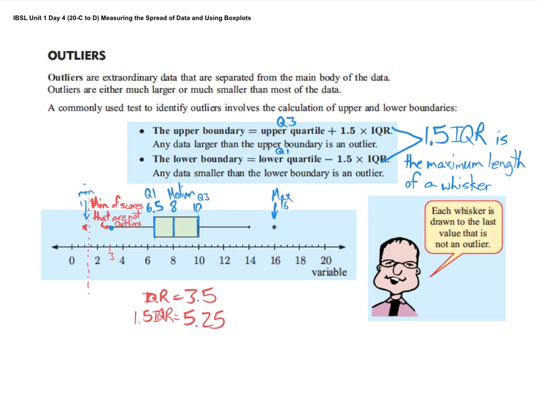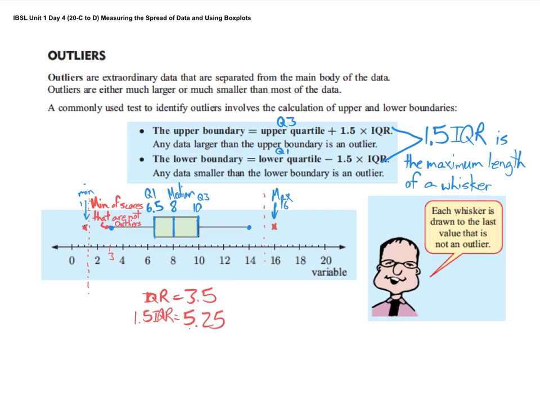Okay? It works the same way on the other end. Okay? If I add 5 1/4 to 10, that takes me up to 15 1/4. So that's right here. So that's my boundary. 16 is obviously past that, so we mark that with the asterisk or with an X. The next highest score must have been 14, okay?